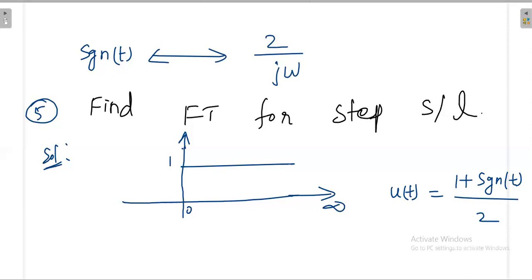So u of t is equal to 1 by 2 plus sgn of t divided by 2.